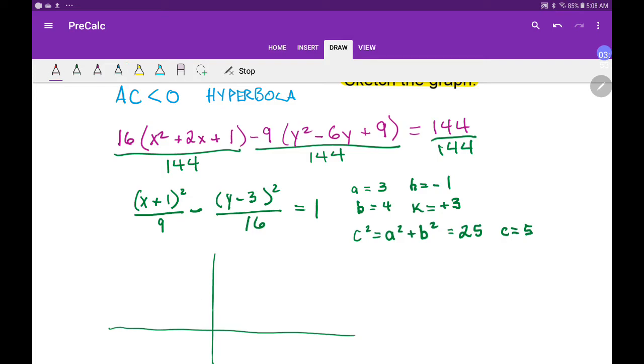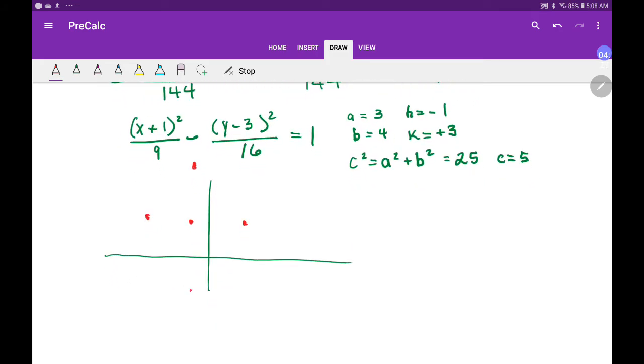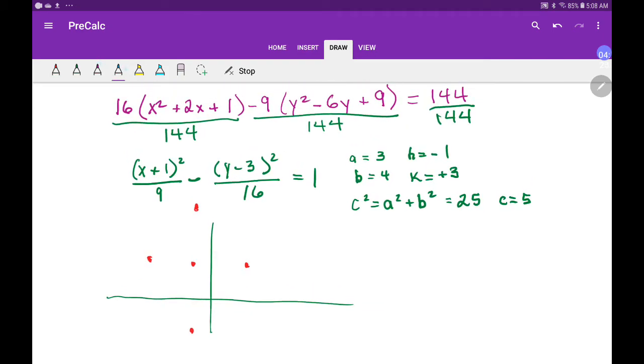Let's do this. Negative 1 plus 3, we'll say right there. And we're going in the a direction, 3. So we went back 1, so we'll go forward 2, about like that. And further, I could wish I went a little less extreme there. In the b direction.